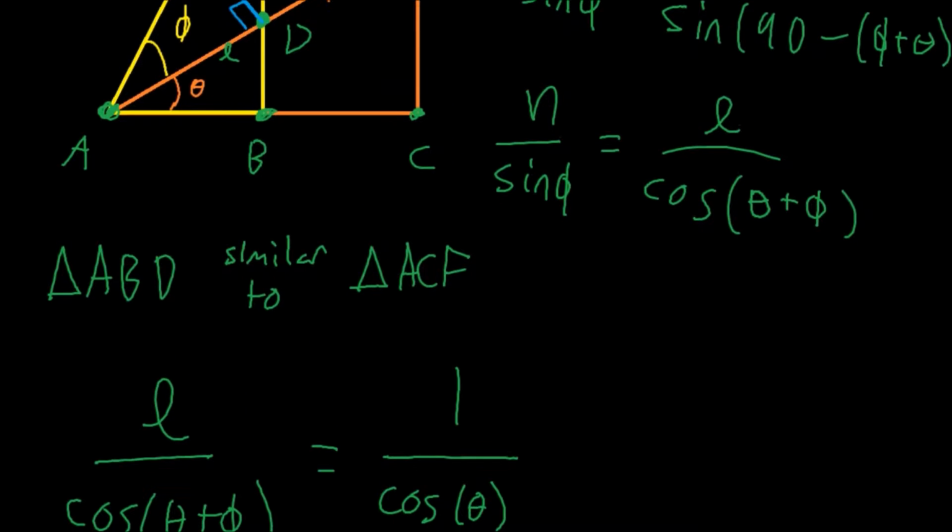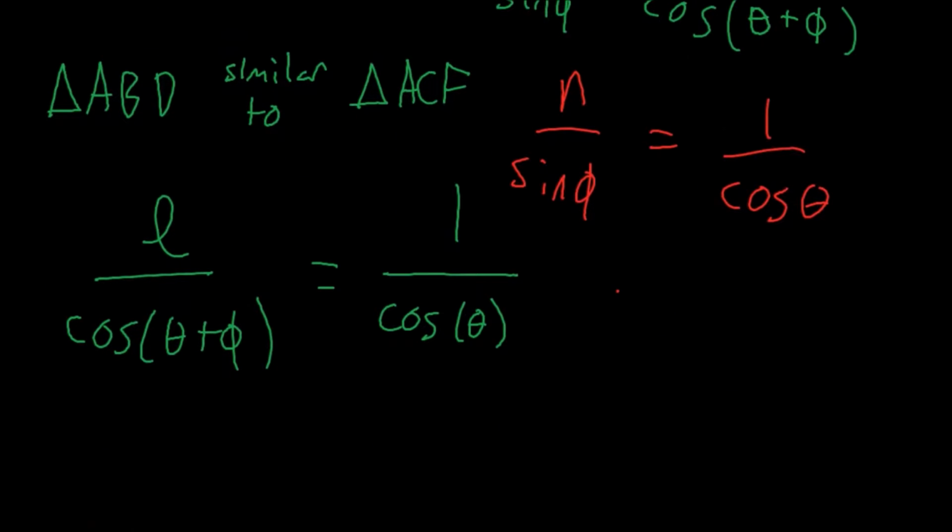So over here, we can now officially change this into N over sine phi equals 1 over cos theta and obtain that N equals sine phi over cos theta.